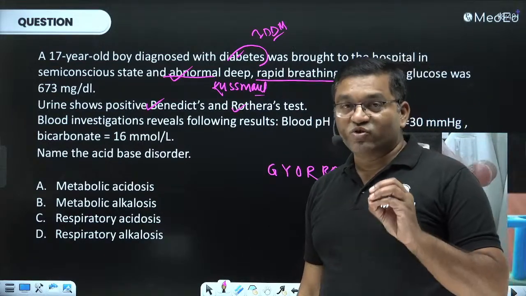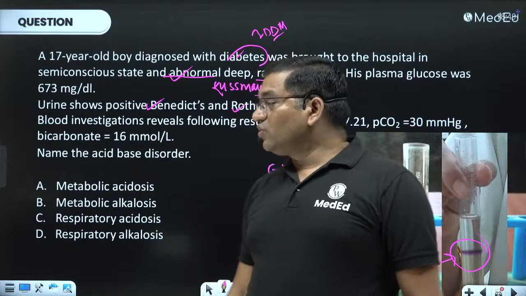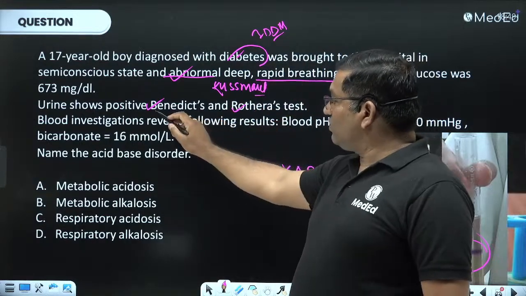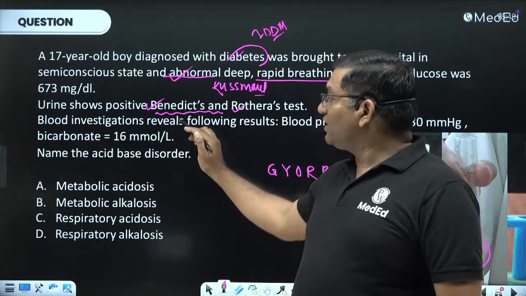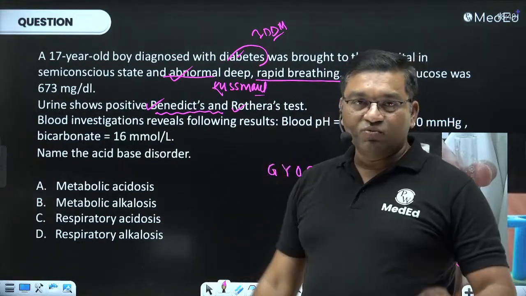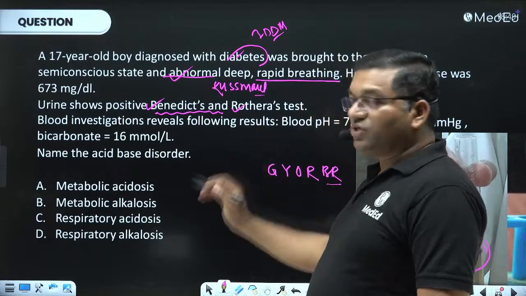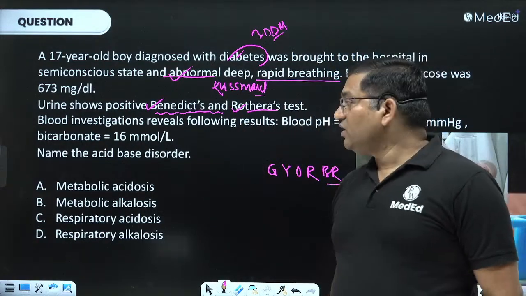Ketone bodies are positive either in starvation or in uncontrolled diabetes mellitus. But if the Benedict test is positive, it is not a starvation case. If both Benedict's test and Rothera's test are positive, it indicates diabetic ketoacidosis, because in starvation only Rothera's will be positive and Benedict's test will be negative.